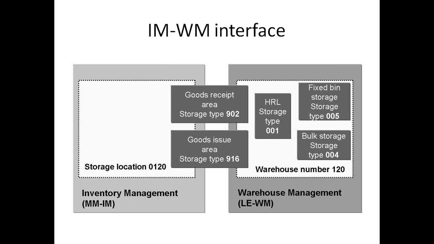Okay, so whenever we receive material, we use what we call in-transit storage types. For example, you have received some material. The material has arrived at your premises, and you will not directly take it to your warehouse, right?